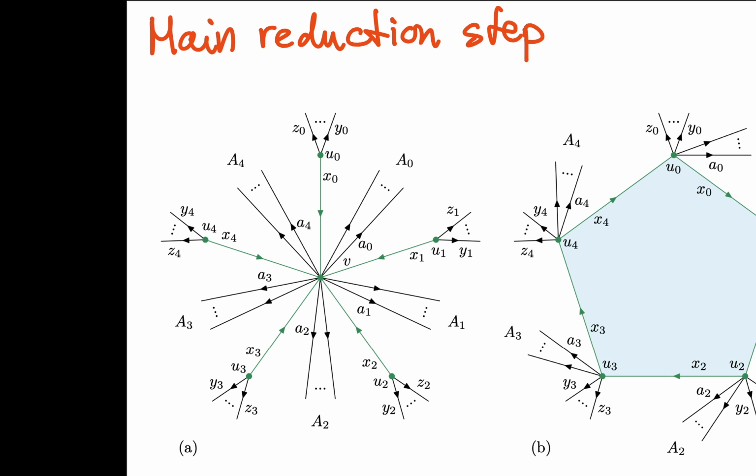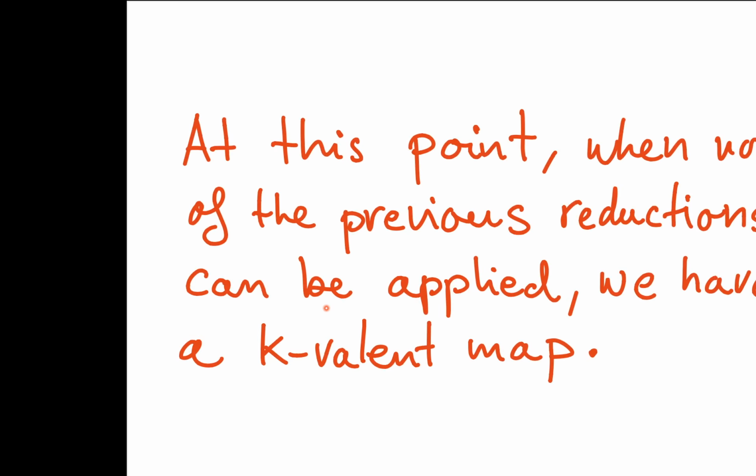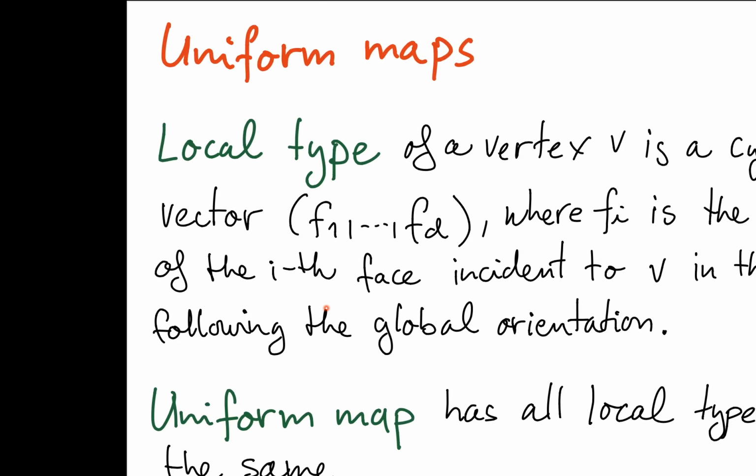So if we cannot apply this reduction, it means that the vertex of minimum degree has its neighbors of the same degree. So there is no vertex of minimum degree which would have a neighbor of higher degree. This means that the map is k-valent, or every vertex is of degree k. Okay, so how to proceed further? So at this stage, we can no longer distinguish vertices based on the degree.